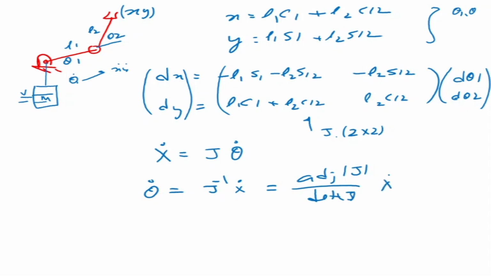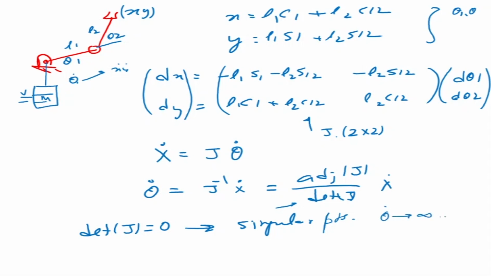Now we see that the determinant of J comes in the denominator, so wherever the determinant of J becomes equal to 0, we say that these points are singular points. That means the determinant of J going to 0 means your joint velocity is going to infinity. Obviously it cannot go to infinity, it cannot even go anywhere near infinity.